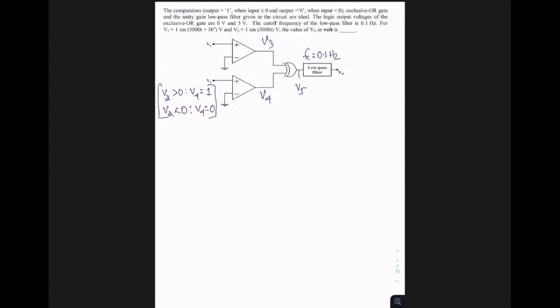Based on this, let us try to plot this. Let's call this the omega t axis, and this is the waveform V2 that I'm interested in plotting.